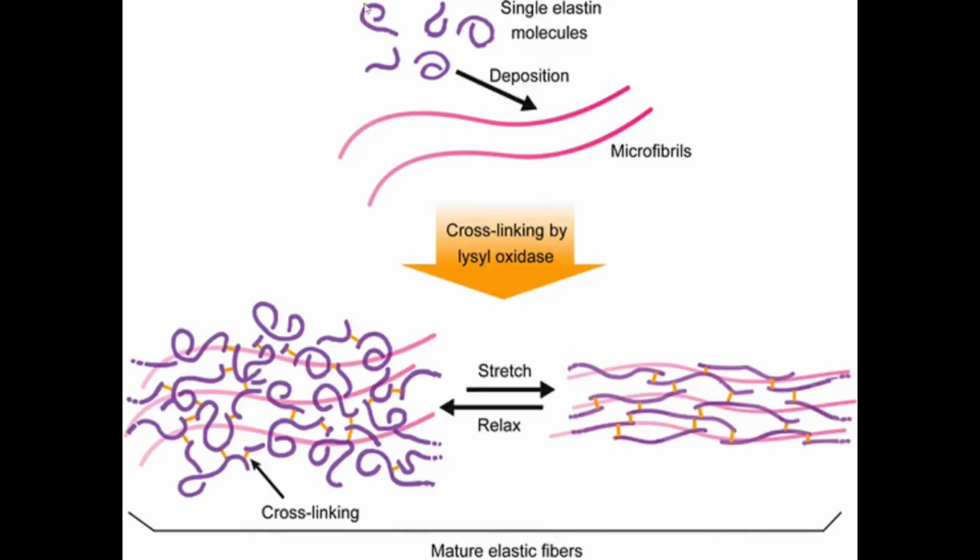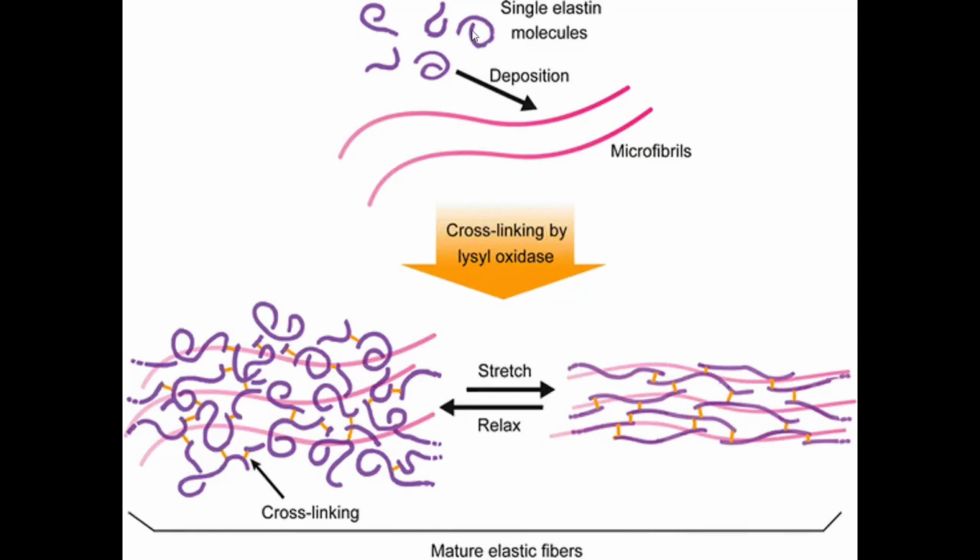This slide shows us why the elastic fiber has a rubber-like property. You see single elastin molecules here, and each molecule has a coil conformation. Why do they have a coil conformation? Because each molecule has a hydrophobic domain and should hide this hydrophobic domain in connective tissue.